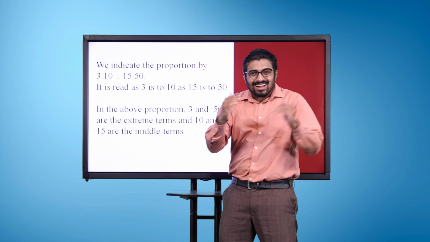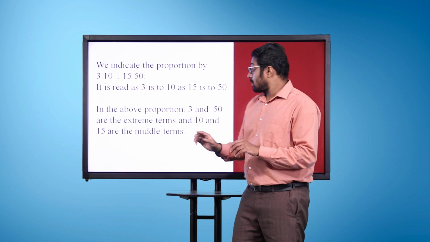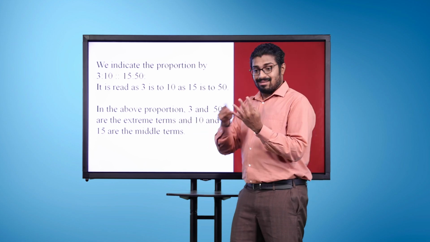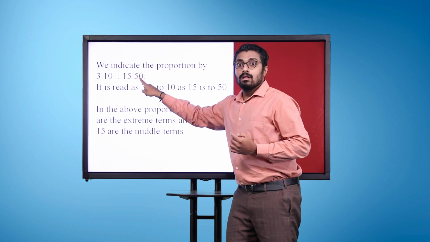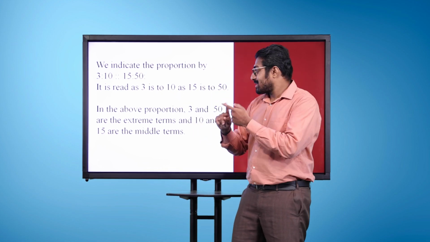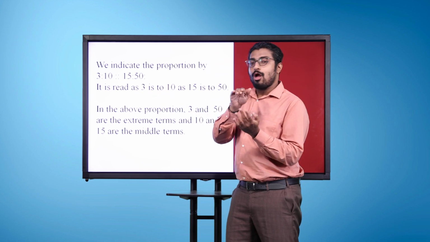It is read as 3:10 as 15:50. In the above proportion, 3 and 50 are the extreme terms and 10 and 15 are the middle terms.